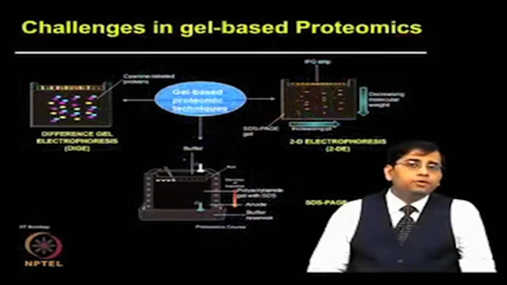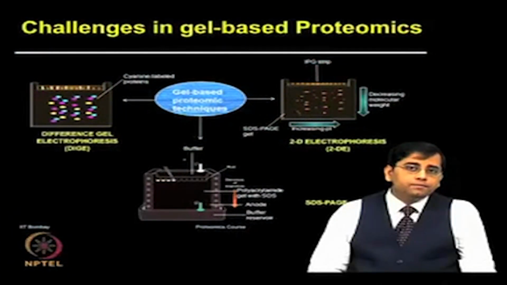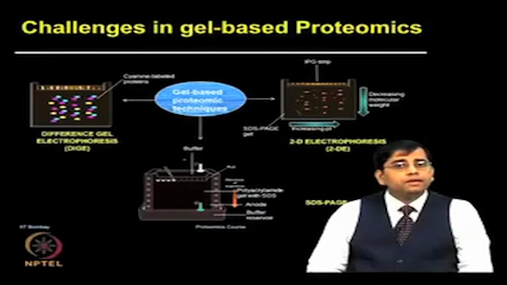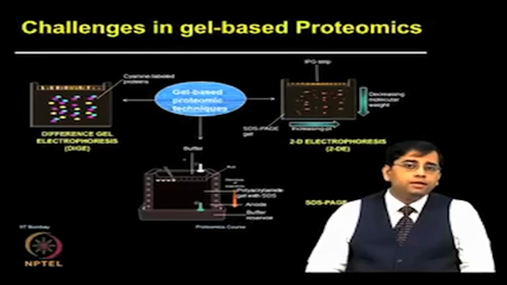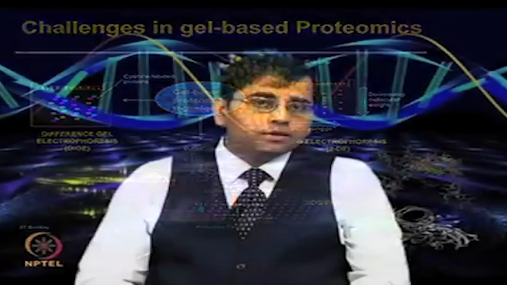The poor reproducibility of classical 2DE, owing to extensive gel to gel variations, has been partially resolved by the introduction of advanced two-dimensional difference gel electrophoresis. In recent years, the detection approaches for gel-based proteomic techniques have also improved tremendously to capture low abundance protein biomarkers in different biological fluids.